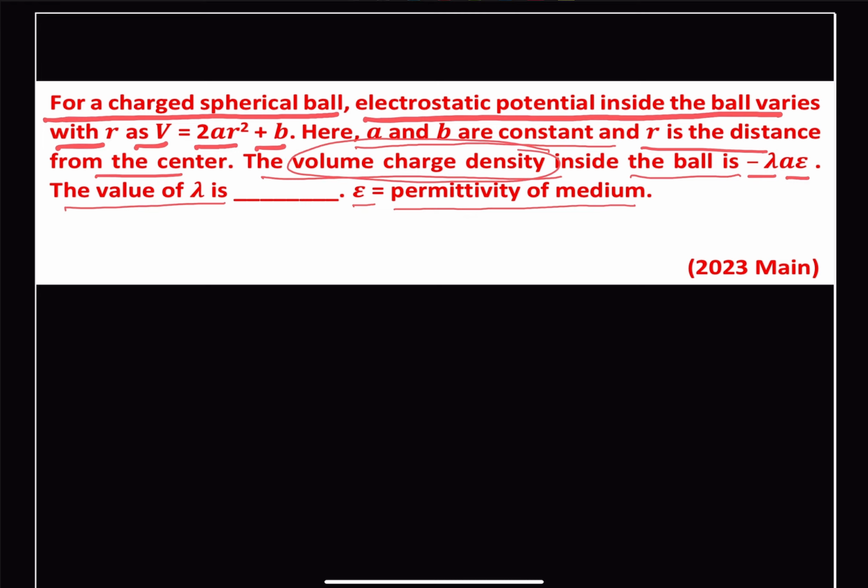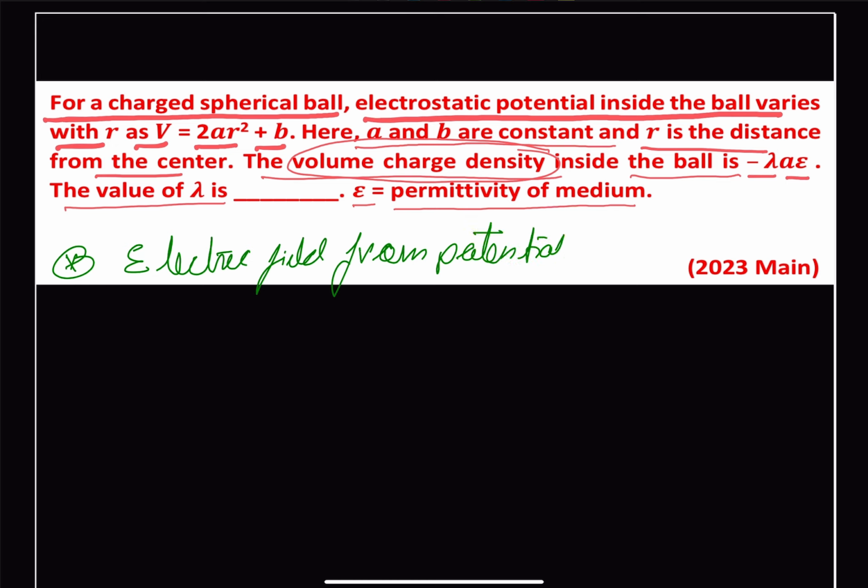And we already know the relationship between the electric field and the potential. So the electric field with respect to distance r will be equal to minus the derivative of the potential, and the equation of V is given to us, so we take the derivative with respect to r.